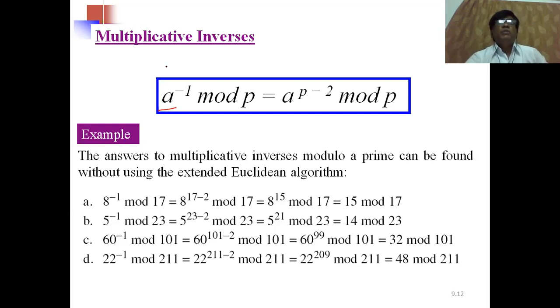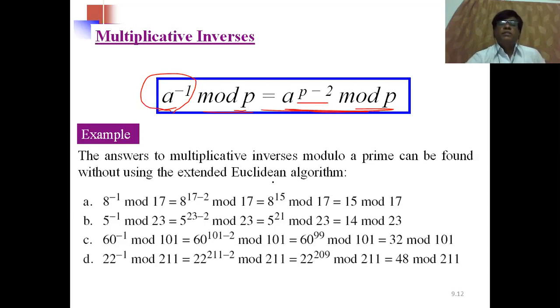So the multiplicative inverse of A mod prime number P is equal to A power P minus 2 mod P. The multiplicative inverse of number A mod prime number P can be easily calculated by using A power P minus 2, prime number minus 2.